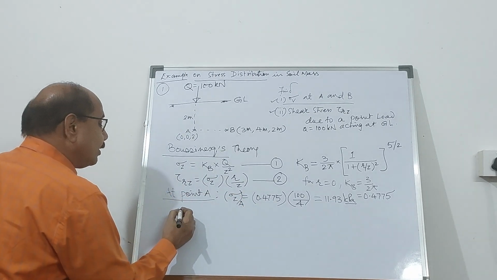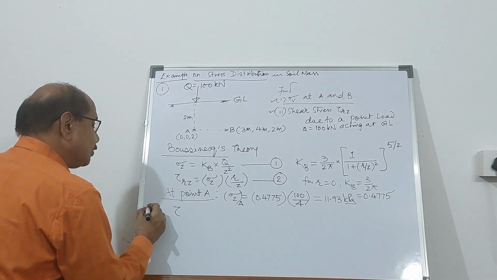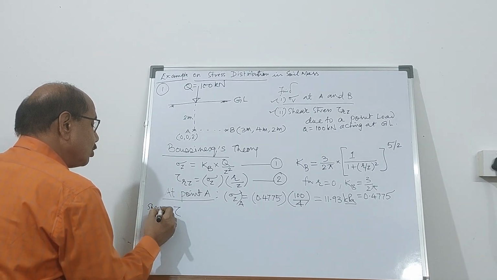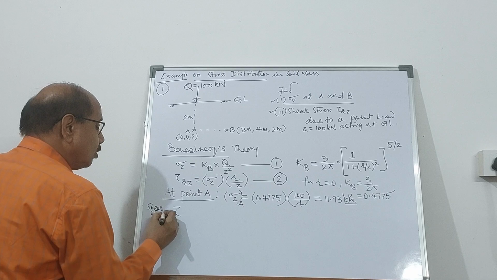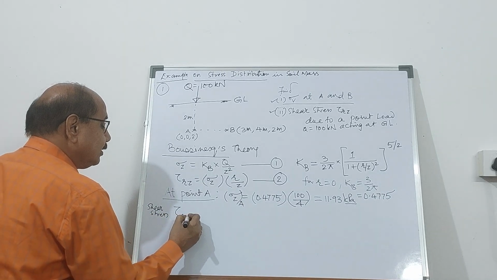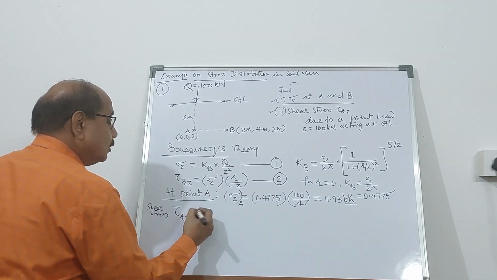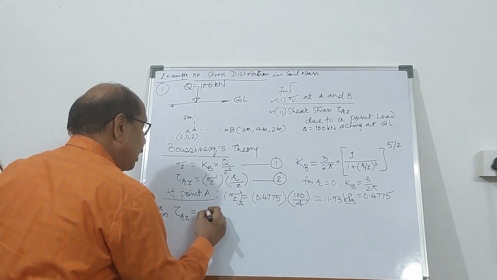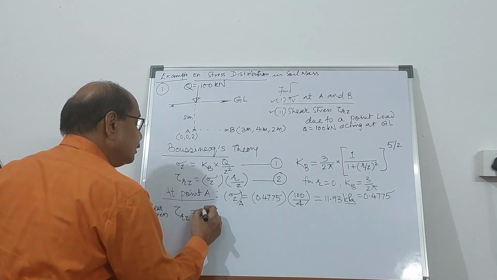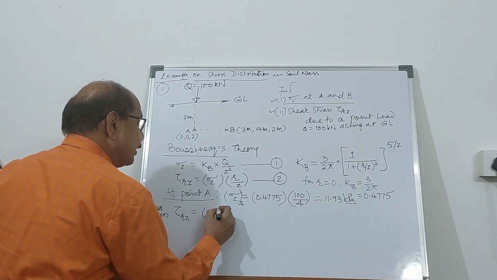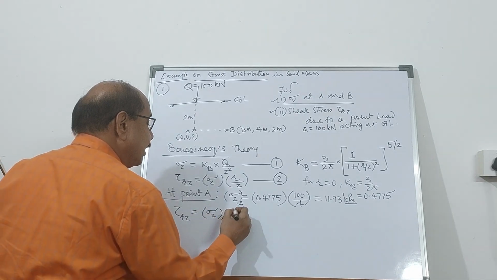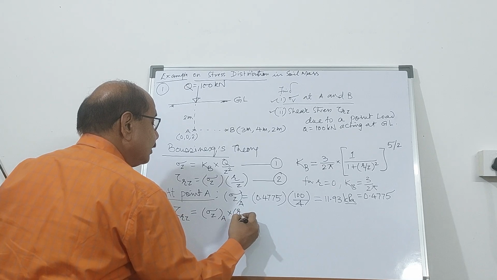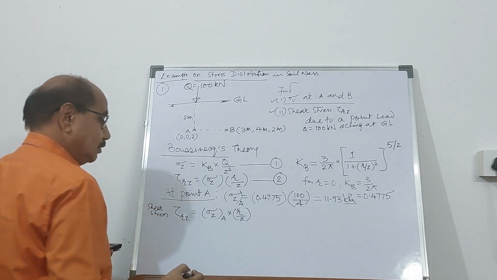Similarly, if you want to find out tau rz, the shear stress, this also you can find out. Tau rz will be given by sigma z at A multiplied by r by z.